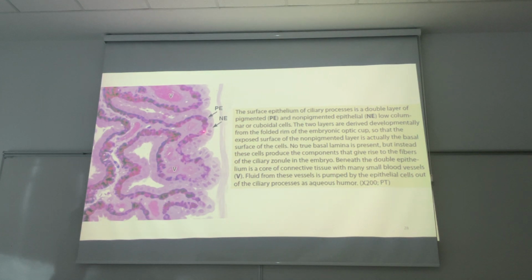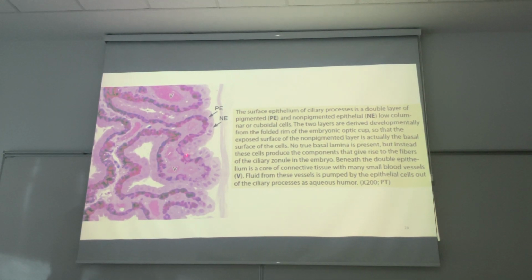On the outer side of this non-pigmented epithelium, we have another epithelial layer. This layer is the pigmented epithelial layer. And here we have connective tissue filled with blood vessels.